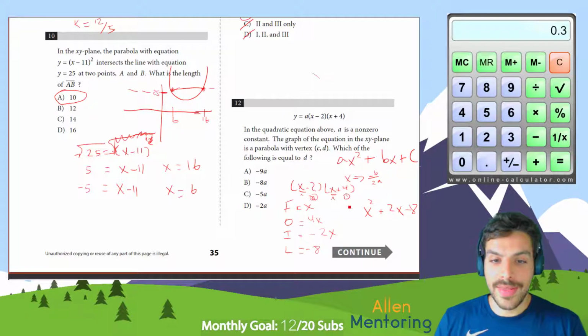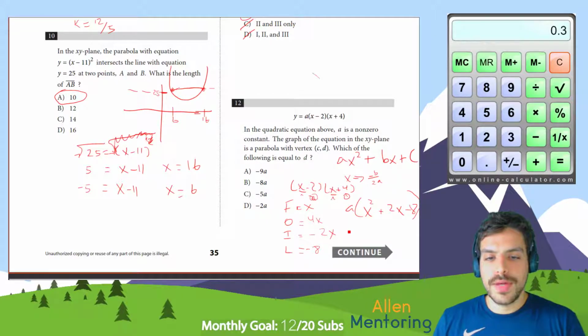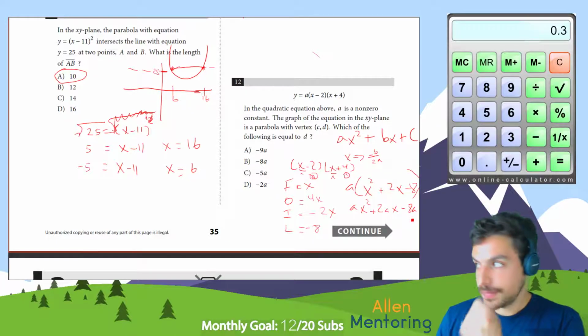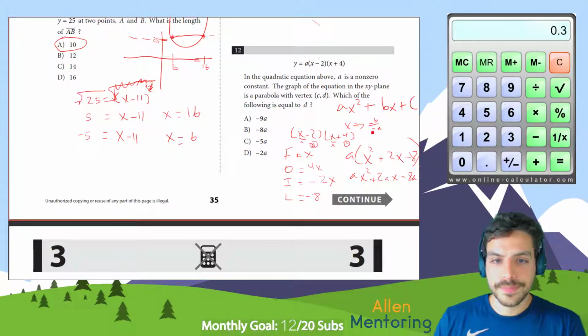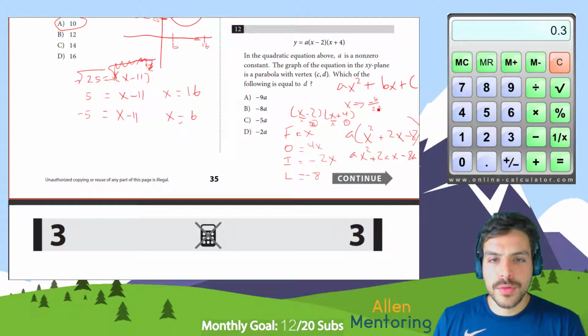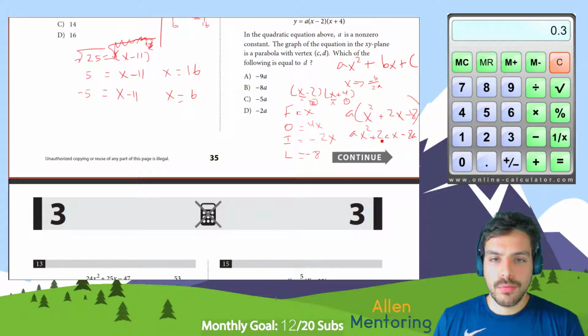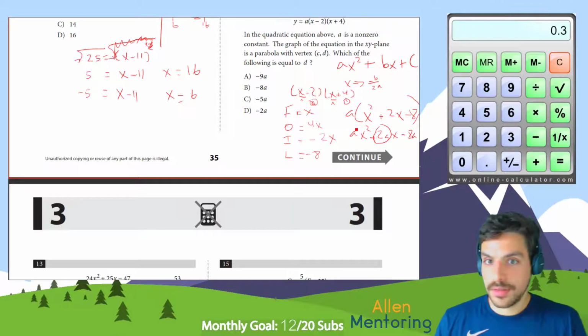Don't forget that a is still multiplying by all of this, right? And so now if we distribute a, we get ax squared plus 2ax minus 8a. Okay, so far so good. So now we have to find out what negative b over 2a is, right? We want to find out what negative this over 2 of this is.